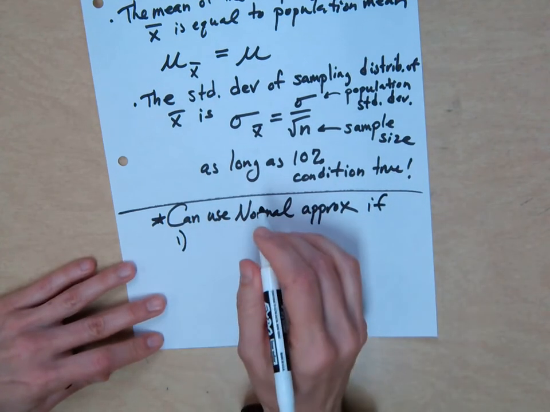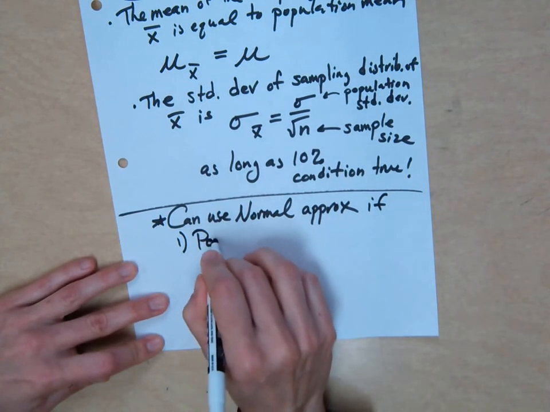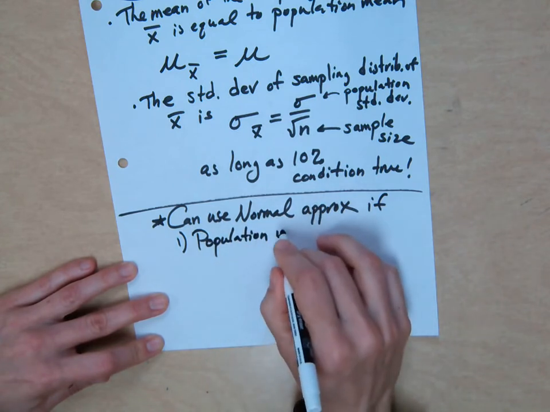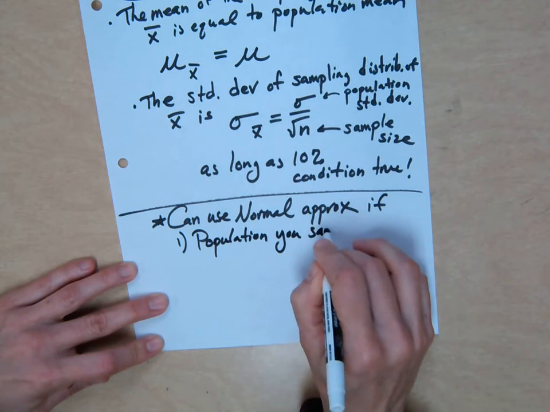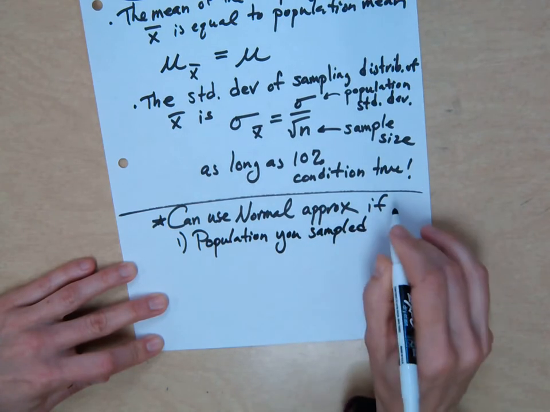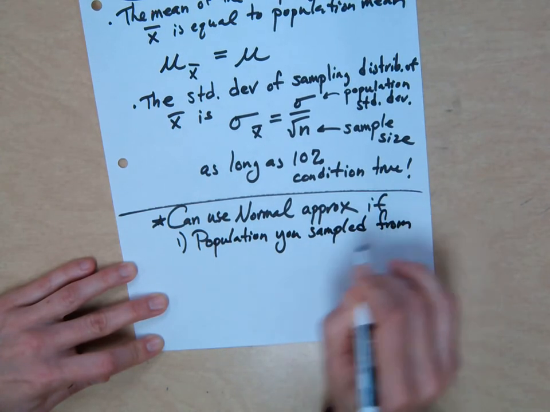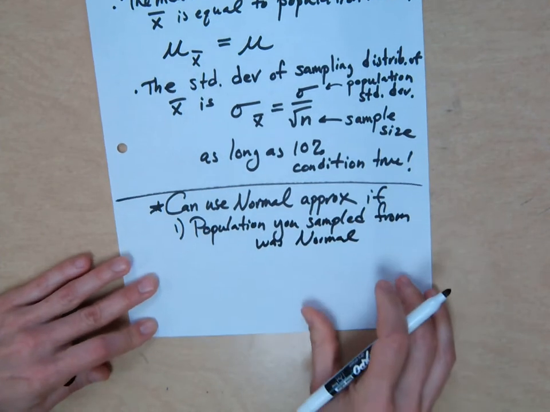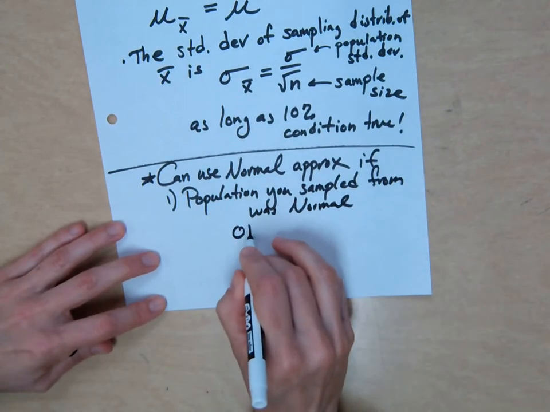number one, the population you sampled from in the first place was already normal, or the central limit theorem.